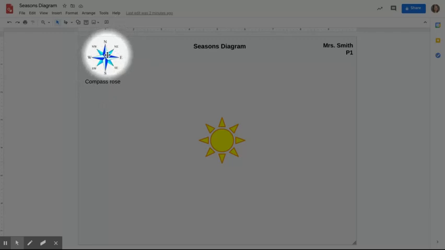You do not have to put northeast, southeast, southwest, and northwest. But if you'd like to, you can. So go ahead and at this time on your paper, write the title, put your first name, last name, class period, and add your compass rose.